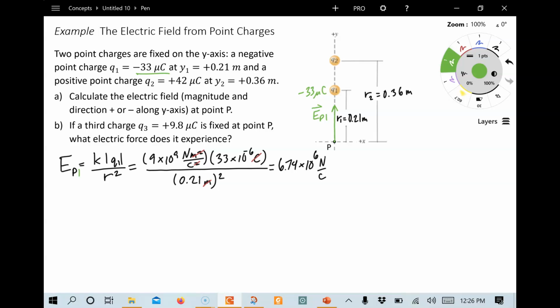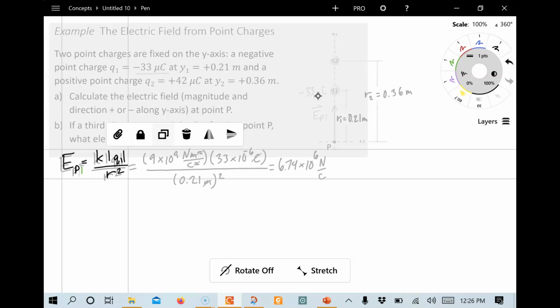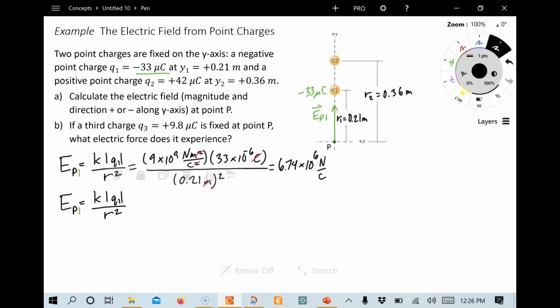All right, let's do the same thing for the electric field at point P due to charge 2. We're going to use the same equation as before, only this time we will use charge 2.